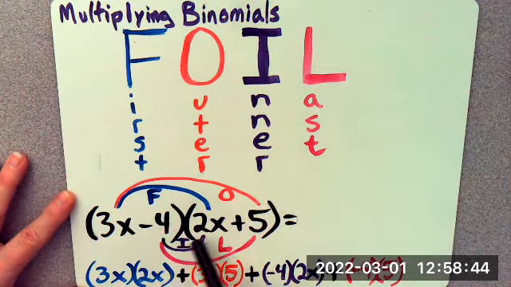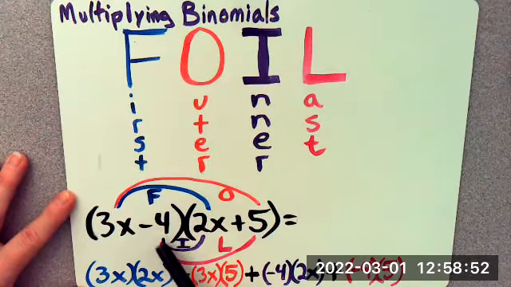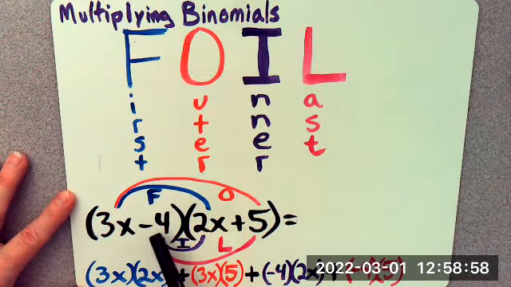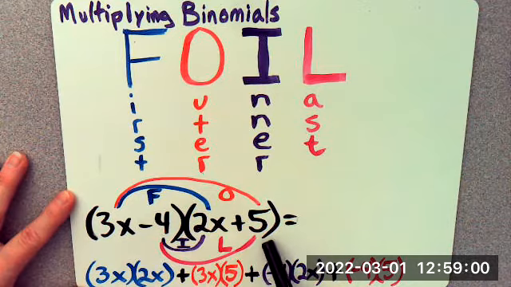Inner are the two that are right adjacent or next to each other. So we have -4 times 2x. And then the last terms of the binomial are -4 and 5. So we write -4 and 5.